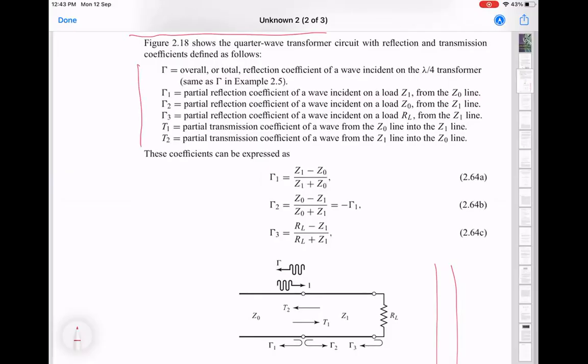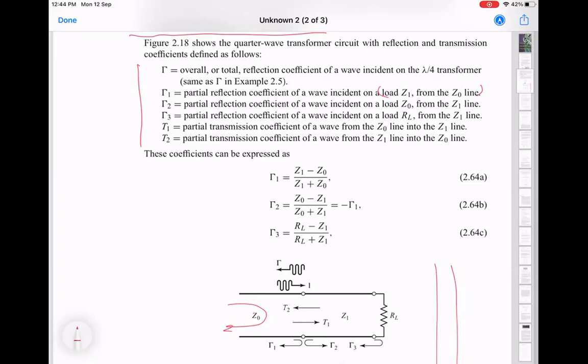Gamma is the total reflection coefficient at this point, right? This gamma. That's what we are trying to calculate. Gamma 1 is the partial reflection coefficient of a wave incident from Z1. I think these descriptions are slightly miswritten here.